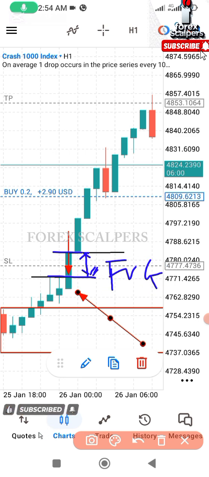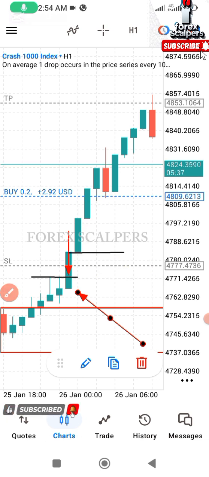You can call it imbalance or improper price action. In an ideal situation, candlesticks are supposed to interweave with each other. What that means is that this candle is supposed to come down to lock up this one, and then this one is supposed to go up this way to meet up with this one.